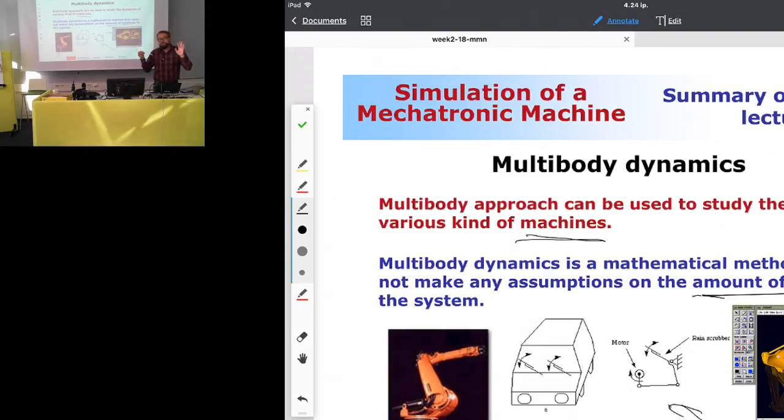You make an assumption like that, then you can linearize the equation of motion. It's possible to linearize these trigonometric functions, cosine and sine, and then you can find even the analytical solution for your particular problem. We don't do that. We keep the sine and cosine functions in the equation of motion, which means that we can describe large rotation of a pendulum. But the drawback that comes along with this description is that there are no analytical solutions available, generally speaking.